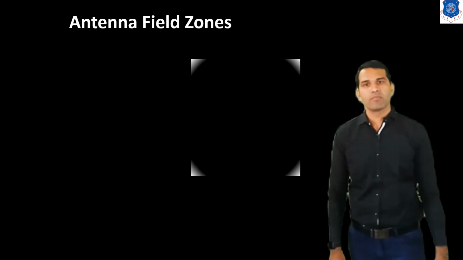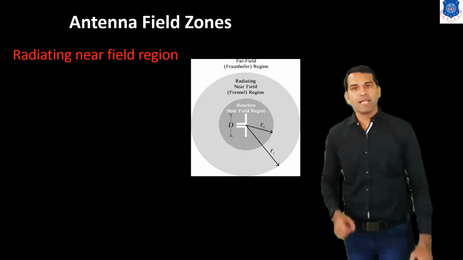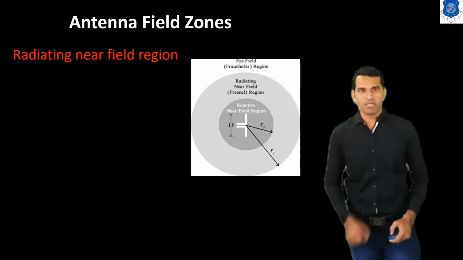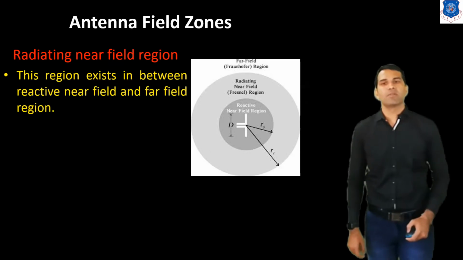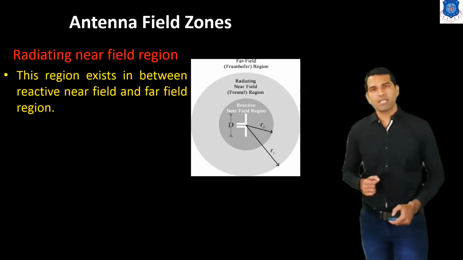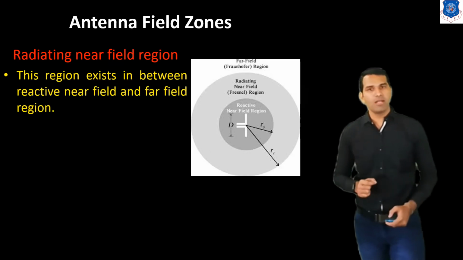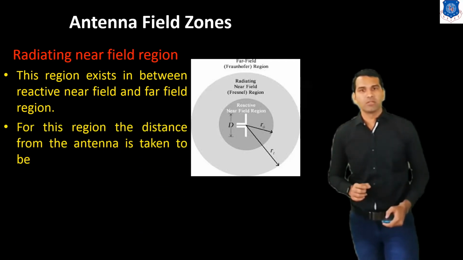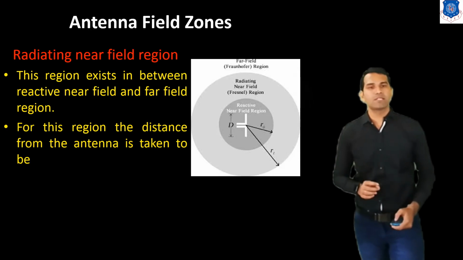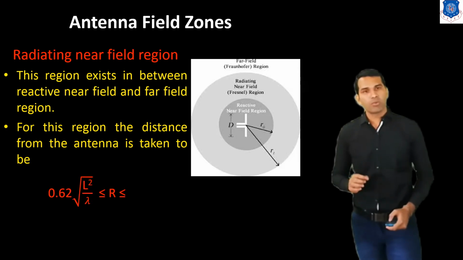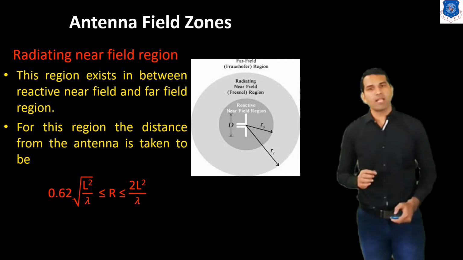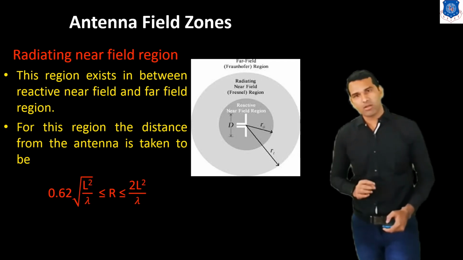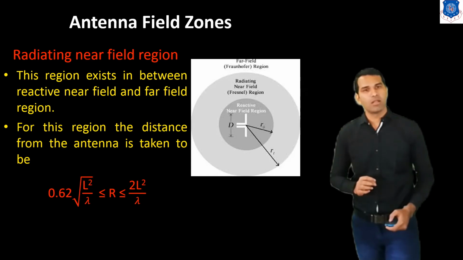Now the second region is the radiating near field region. It is also a type of near field region. This region exists in between the reactive near field and far field region. For this region, the distance from the antenna is taken to be 0.62 times the square root of L squared upon lambda, less than or equal to R, less than or equal to 2L squared upon lambda.